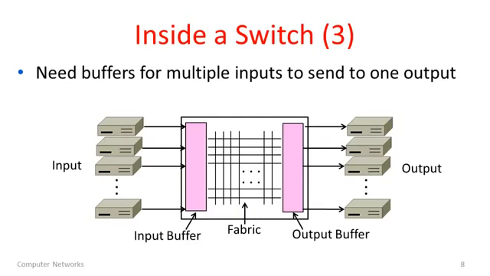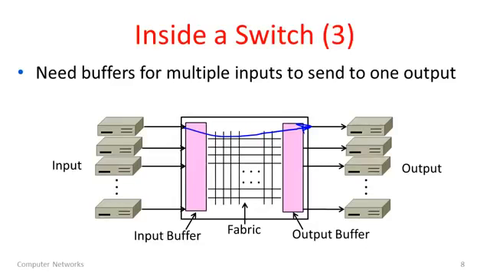This new method of working, however, does pose some problems. There is a lot going on inside a switch. In particular, you might wonder what happens if two different inputs are sent to the same output. So let's say that the first host here is sending a packet through the fabric to the same host on the output side.